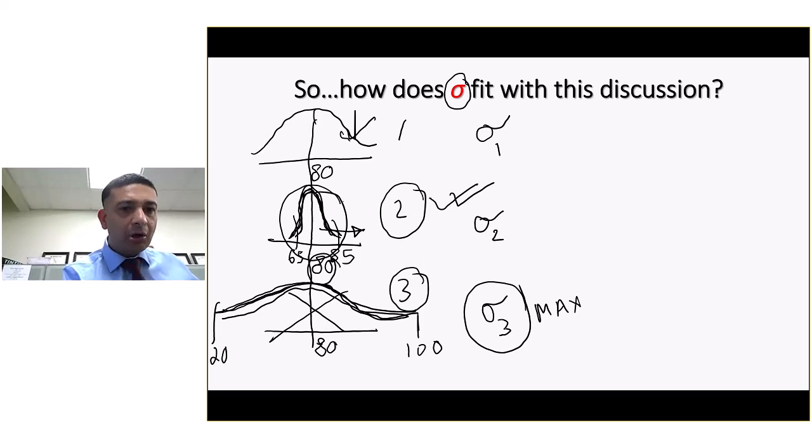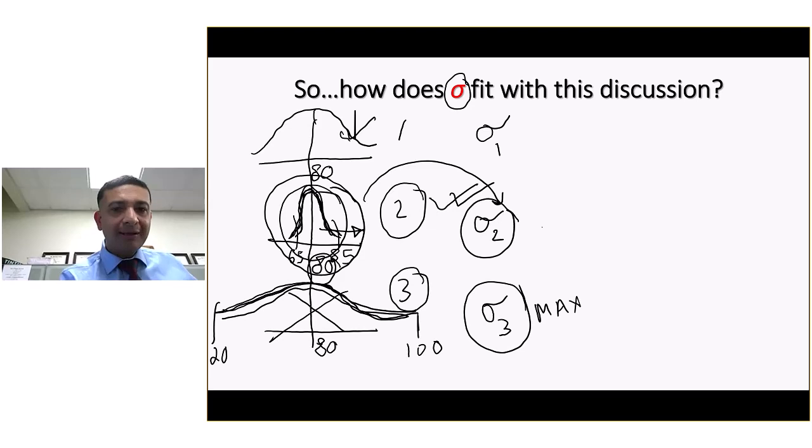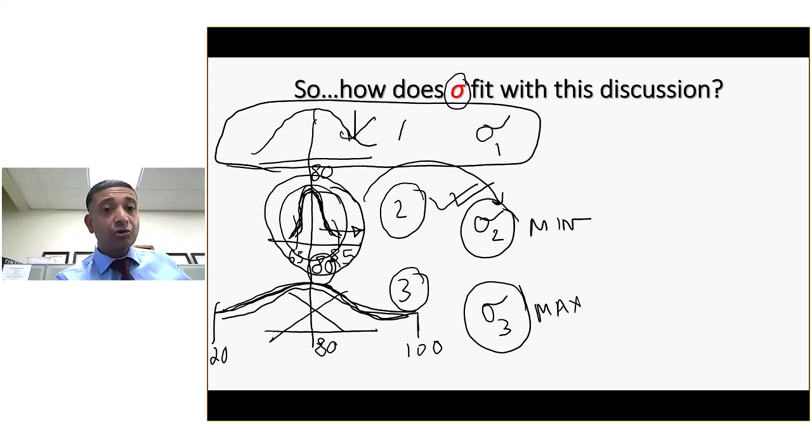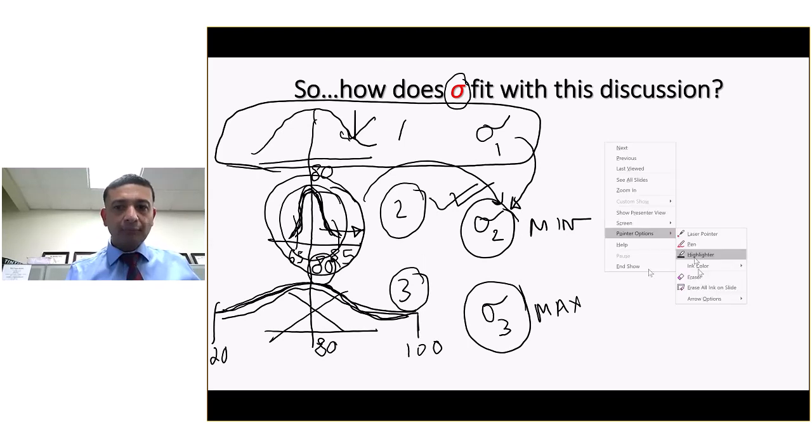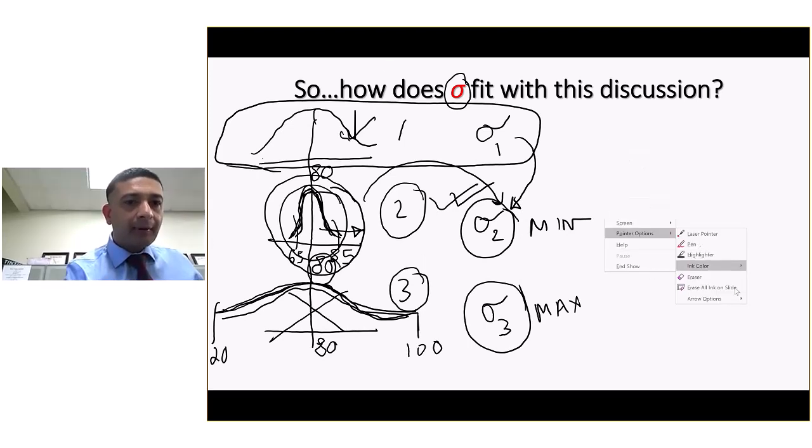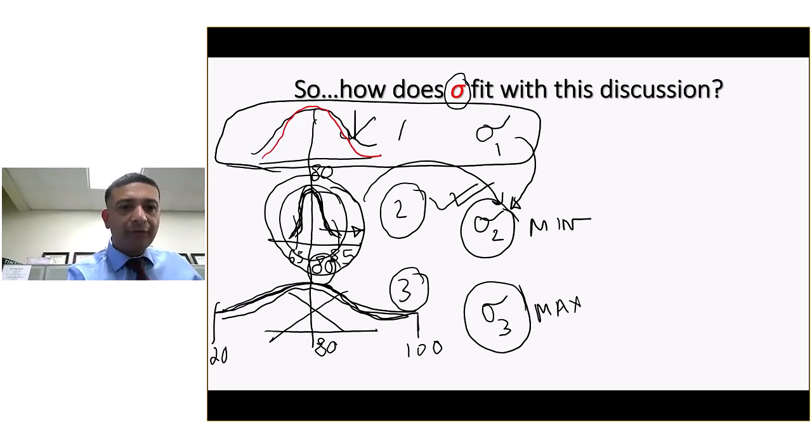This one has the lowest spread, and therefore the corresponding sigma 2 value is the minimum value. And so oftentimes you can start with a class that has this kind of a characteristic, and your job is to try and convert that sigma 1 to a sigma 2. In other words, try to move from this kind of a curve to a curve that is much closer to the mean.